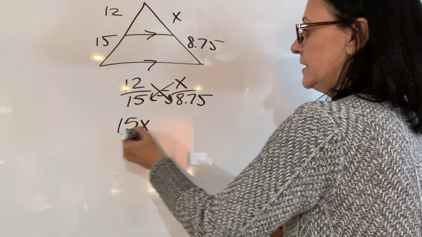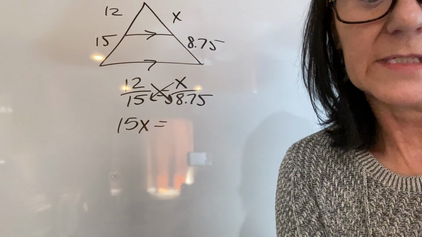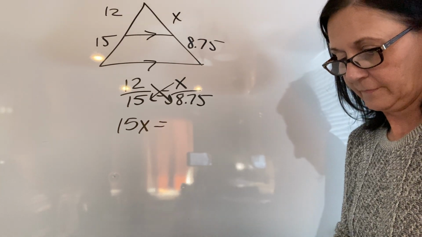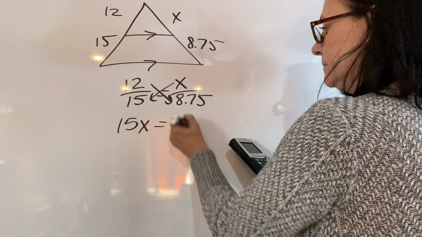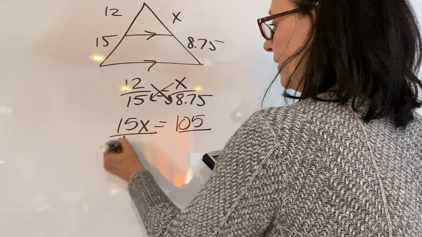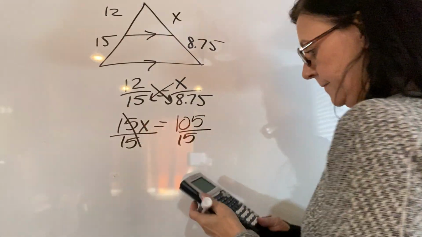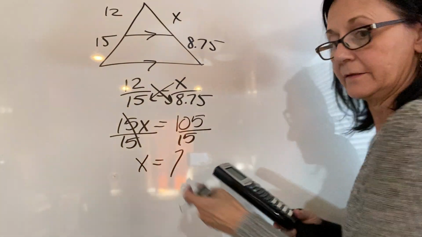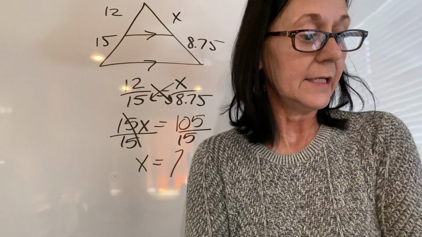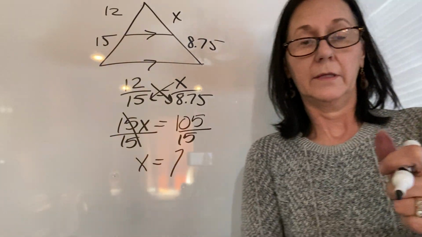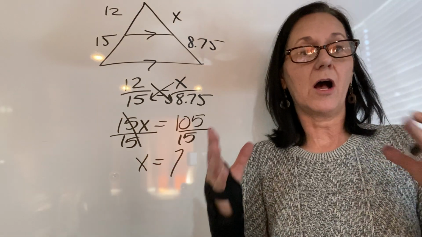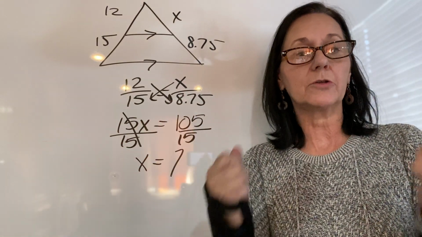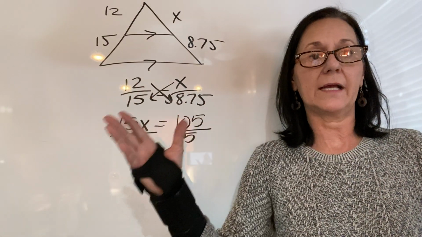I know that's 15x. 12 times 8.75 is 105. When I divide both sides by 15, the value of x is 7. So I can use the side splitter theorem to calculate these sides, because it forms similar triangles so that all of these sides are proportionate.